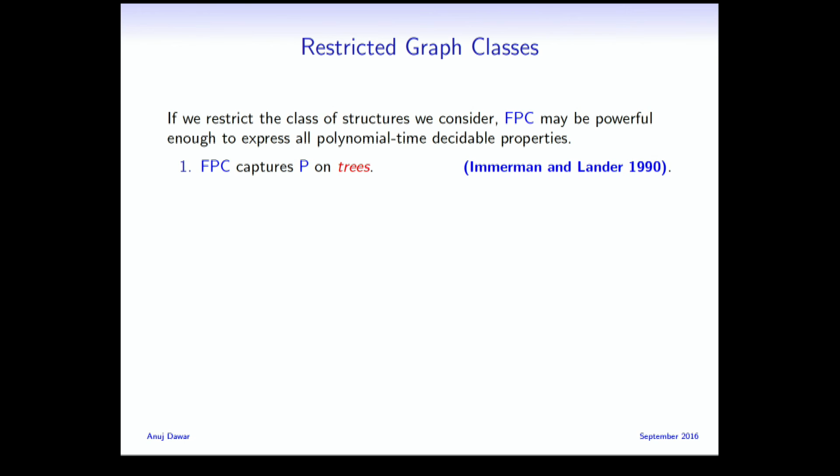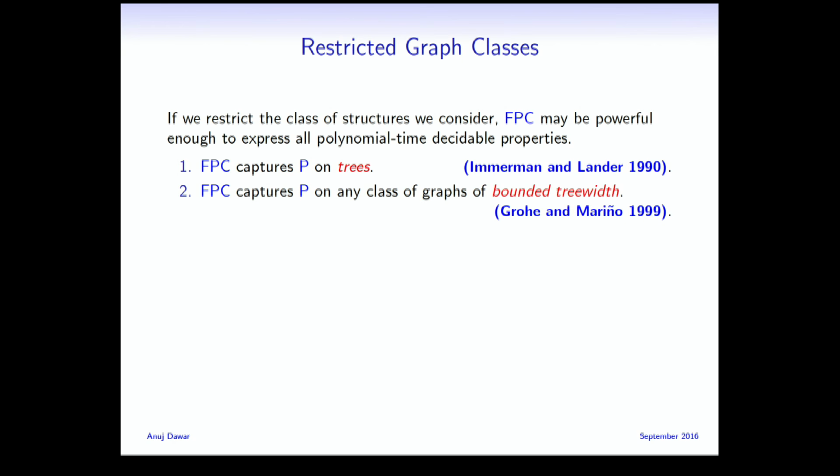Already Immerman and Lander showed that all polynomial time properties of trees are in there. It's extended to all graphs of bounded tree width. Any polynomial time property of graphs of bounded tree width can be expressed in FPC, which already explains why we had to use unbounded tree width graphs in our proof.